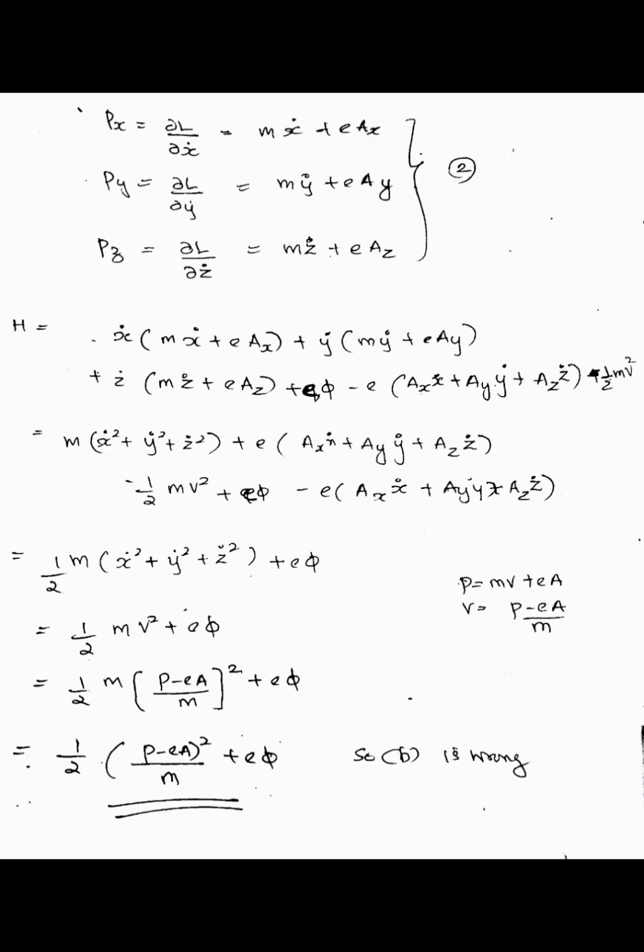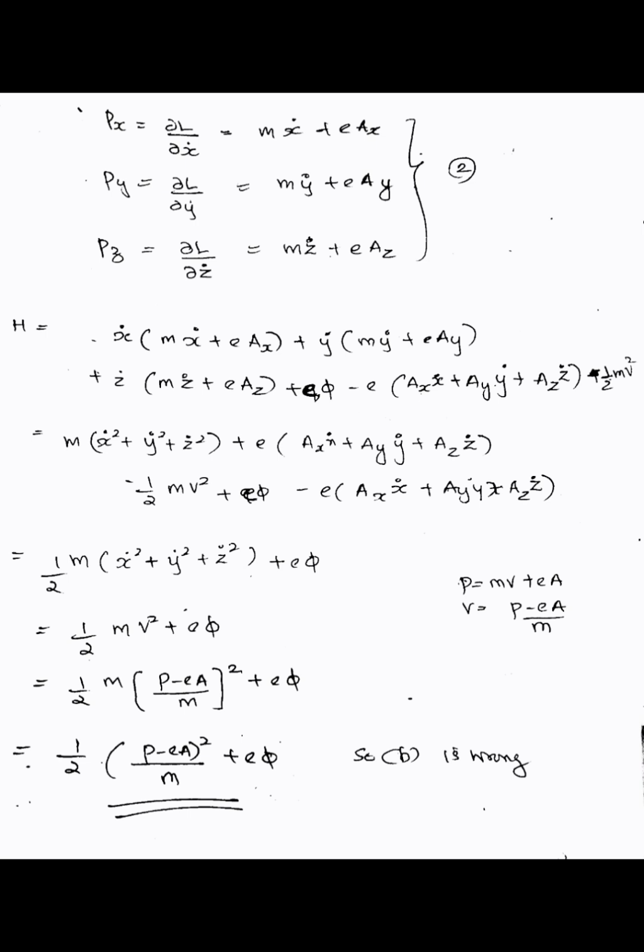We know the conjugate momentum p is equal to mv plus eA, as calculated in option A. So from here we can write v is equal to (p minus eA)/m. Substituting this in the equation ½mv² plus eφ, we can write it as ½m into ((p minus eA)/m) the whole square plus eφ.